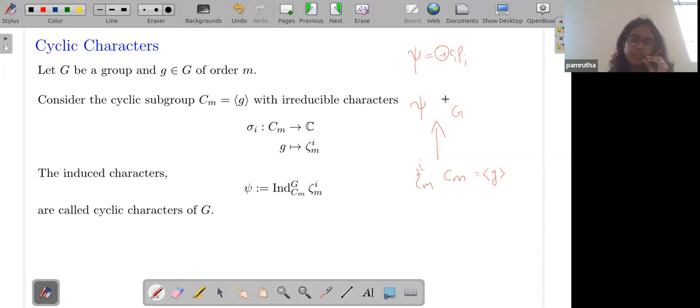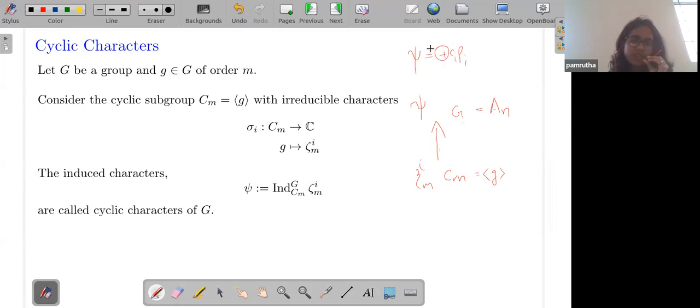The problem I am interested in is to take my group to be the alternating group. I need to understand, when I take any irreducible character in the cyclic group generated by any particular element in this alternating group and induce it to get a representation of the alternating group, with what multiplicity each irreducible character occurs.